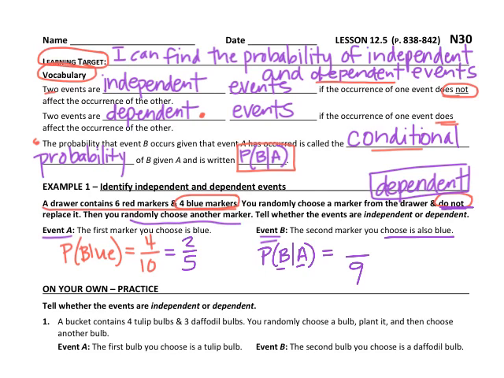And how many of those markers are blue? Well, we already drew one out, so that means that now there are only 3 blue markers left. And so therefore we could say that the probability of drawing a blue marker the second time is only 1 out of 3, because 3/9 reduces to 1/3.